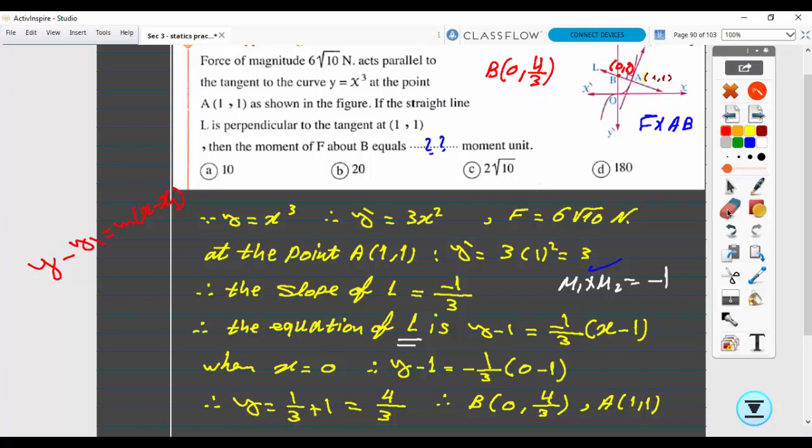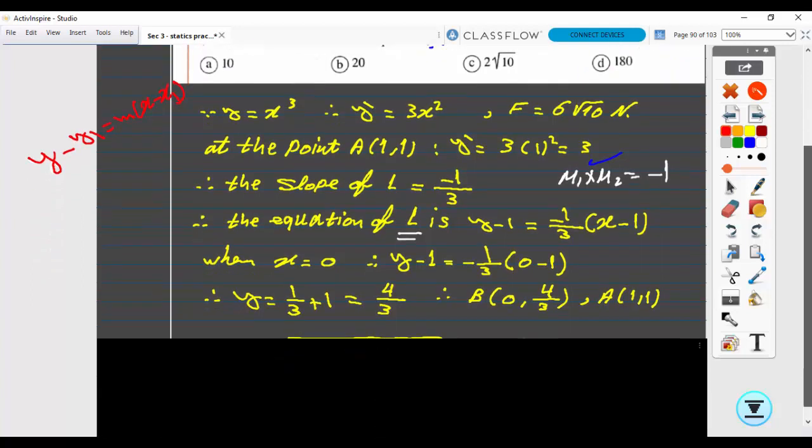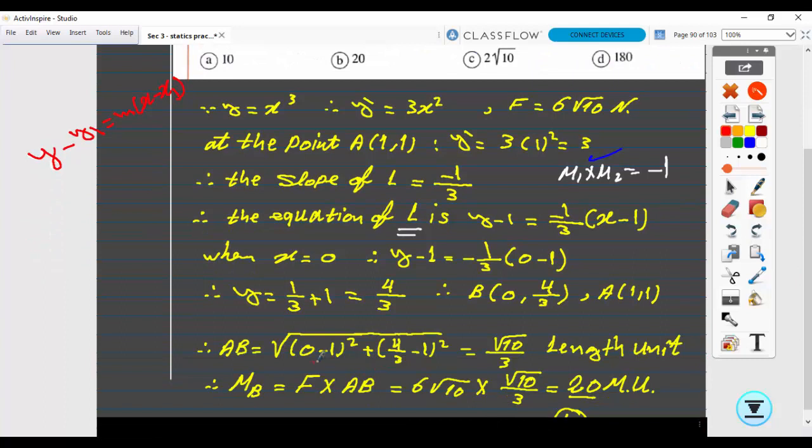Now we know the coordinates of the point B here and the coordinates of A. So what is the distance between A and B? What is the length of AB? To calculate AB, we use the rule of the distance between 2 points.